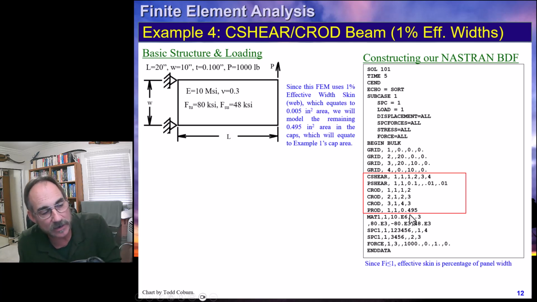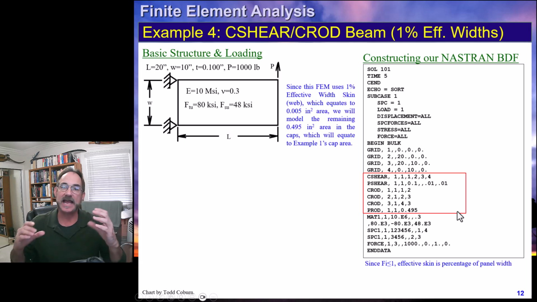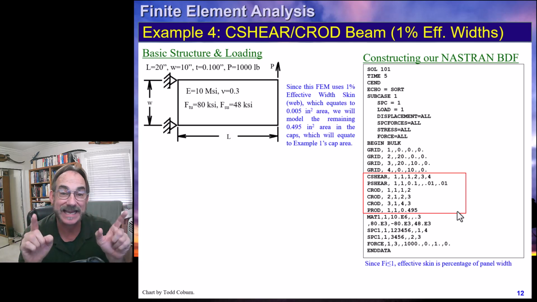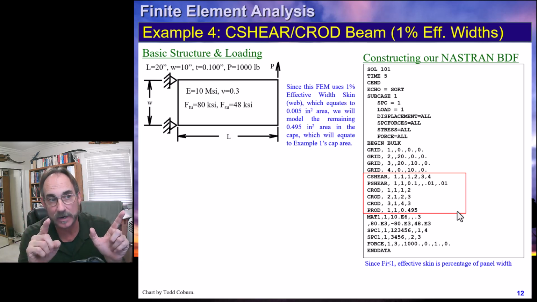So notice we made this area 0.495, and since we're using 1% effective width, that's going to add 0.005 inches squared of area, which means the total area of the cap, when you account for both the rod and the imaginary rod, you're going to have a ½ inch area, same as we had in example 1.